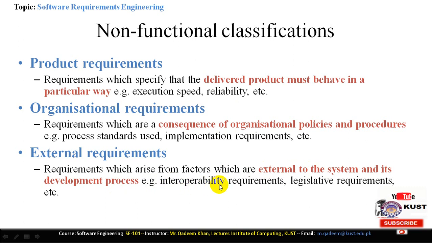For example, interoperability requirements. Interoperability means that the product communicates well with other products or other environments. Legislative requirements means that there are certain laws and regulations that we will follow, etc.